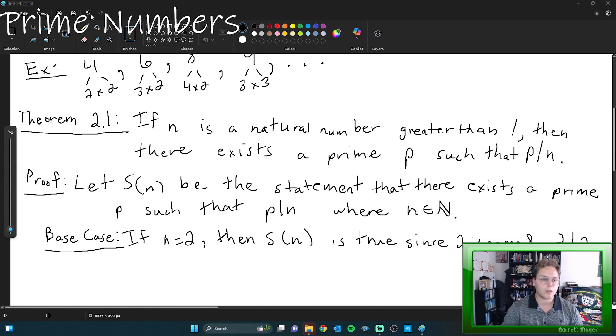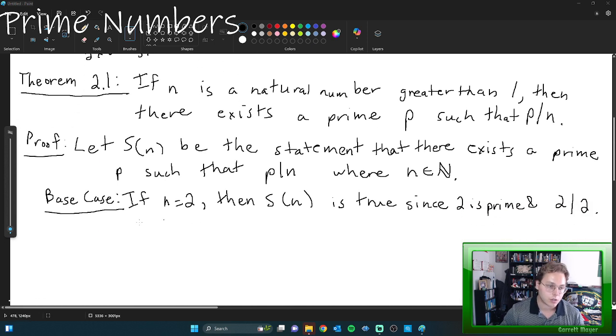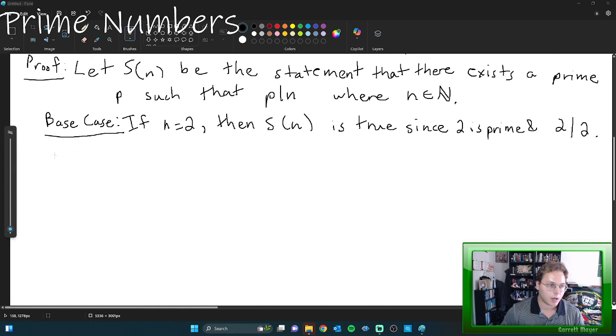So just for this first case where n is 2, we have that 2 is a prime. 2 divides 2, so S2, or Sn when n is 2, is true. So next, let's prove the inductive step. So we have this first rung.